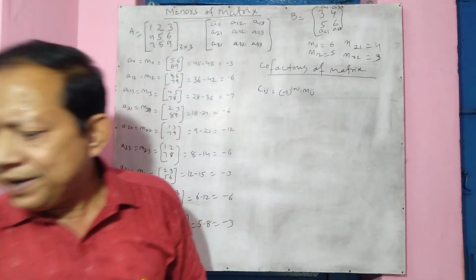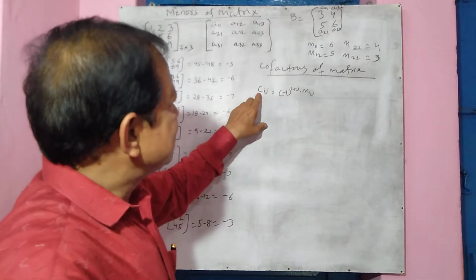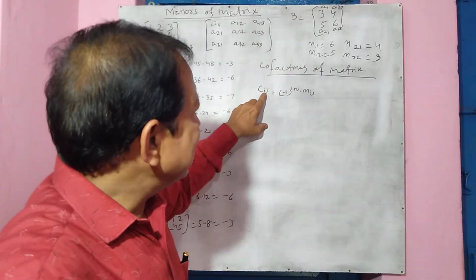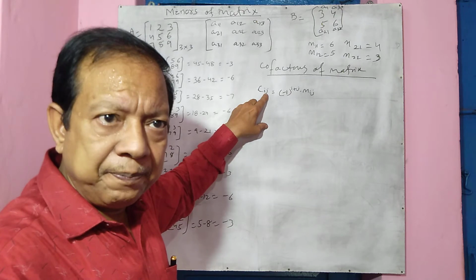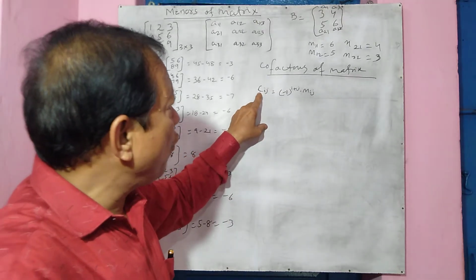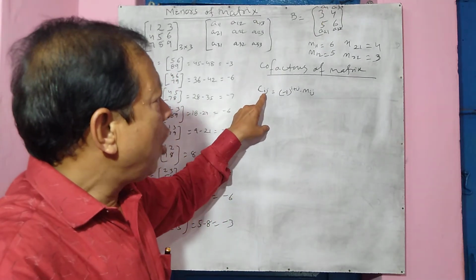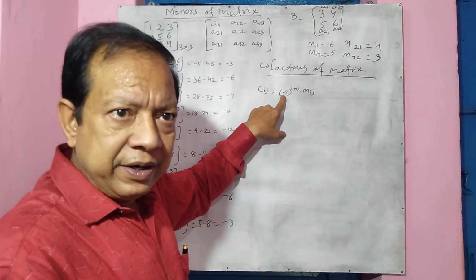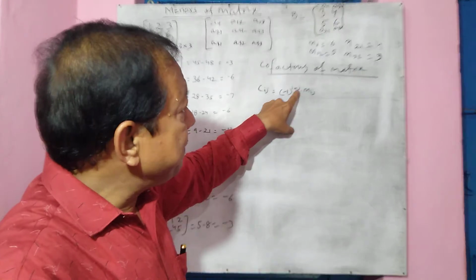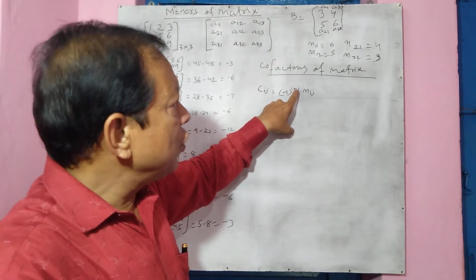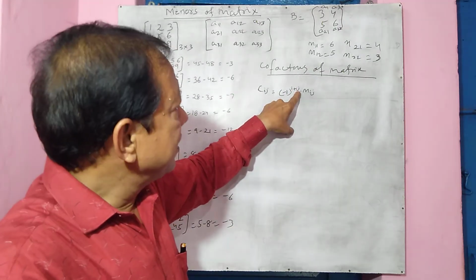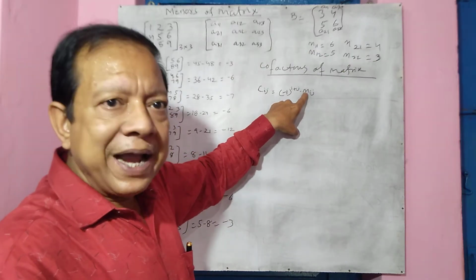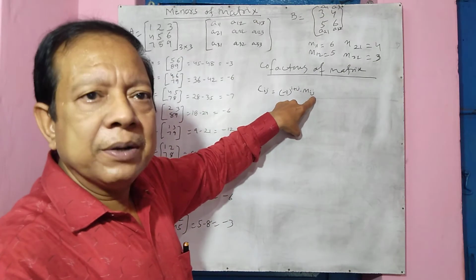So what does this mean? Cij, here I is row, j is column. Okay, Cij means cofactor of the first row, first column is equal to minus 1 to the power I plus j. I means row, j is column, multiplied by minor row and column.